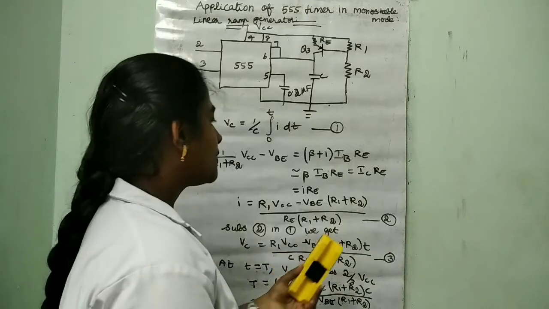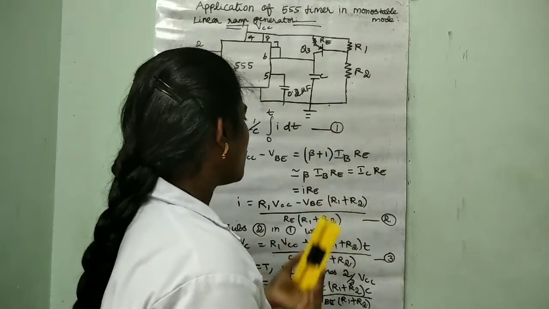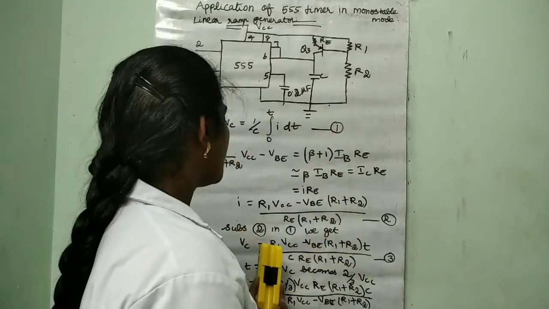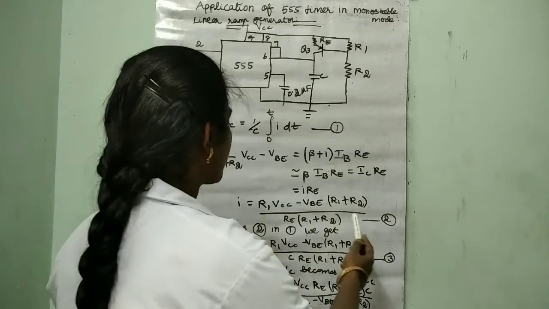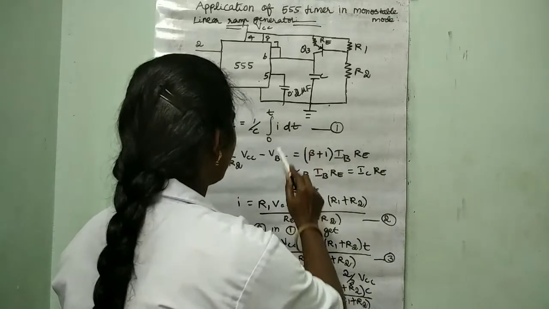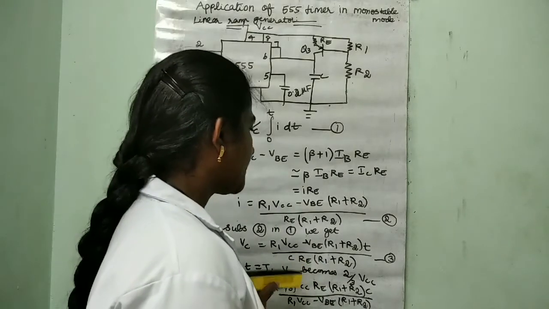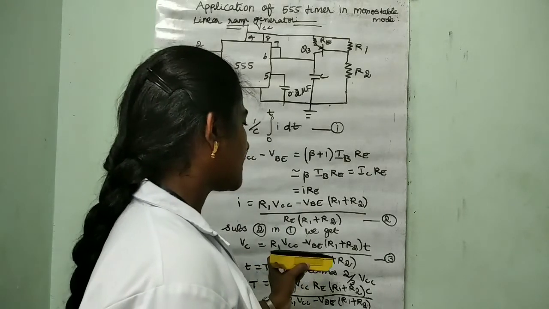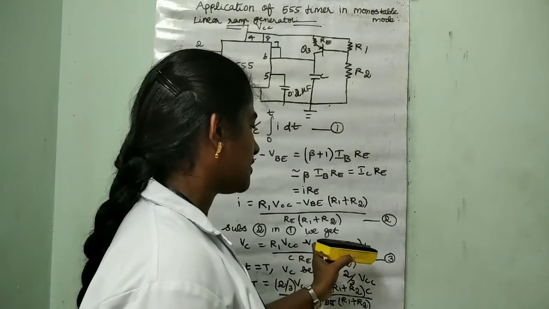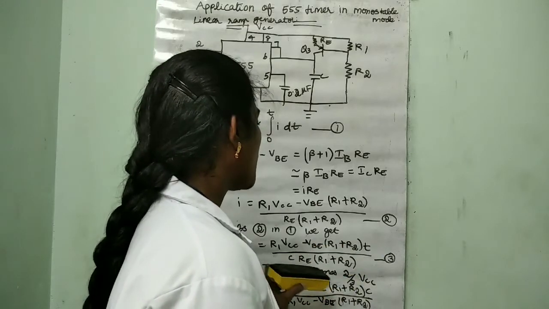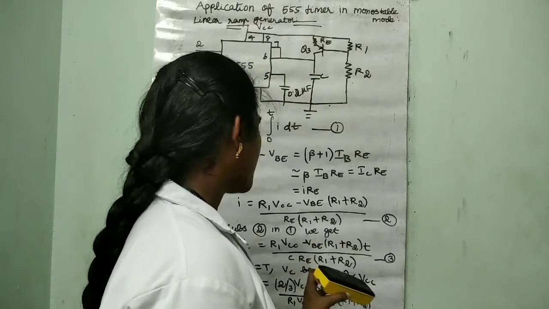Substituting 2 in equation 1 and integrating, we get VC = R1 (VCC minus VBE) T / (C RE (R1+R2)).